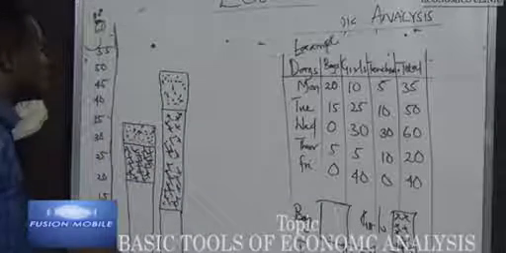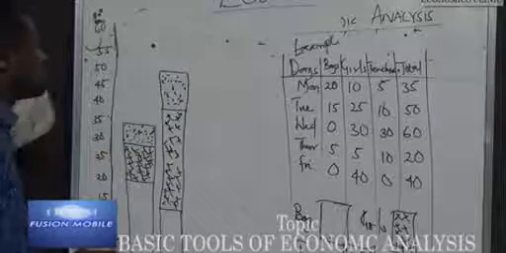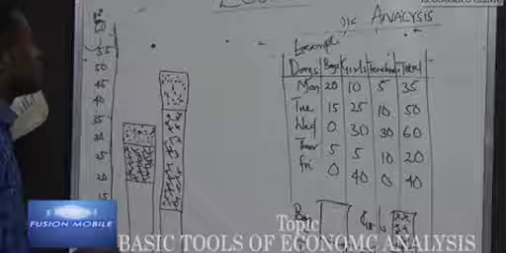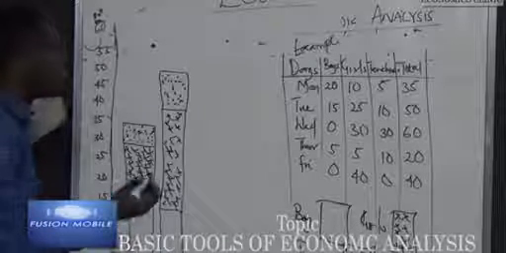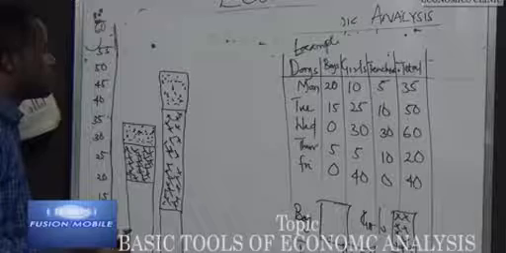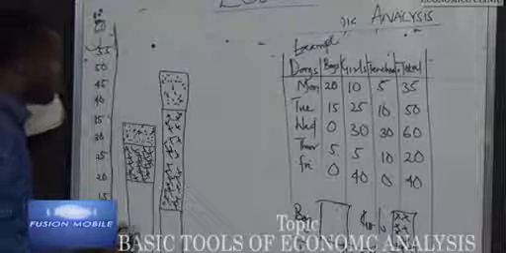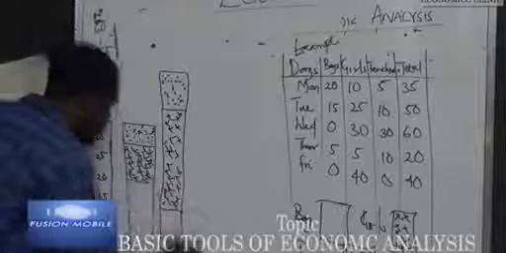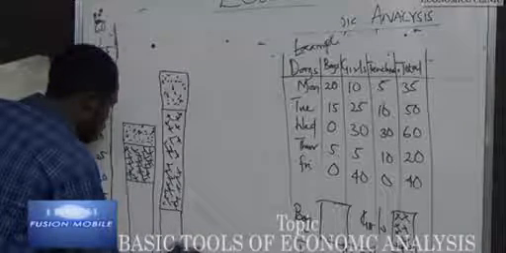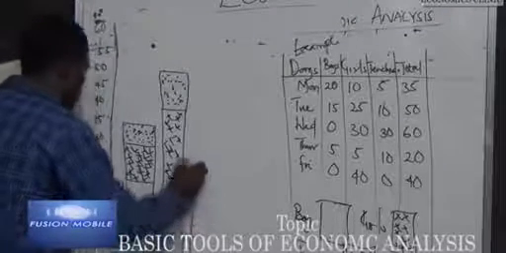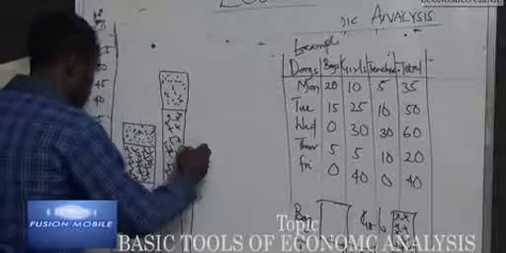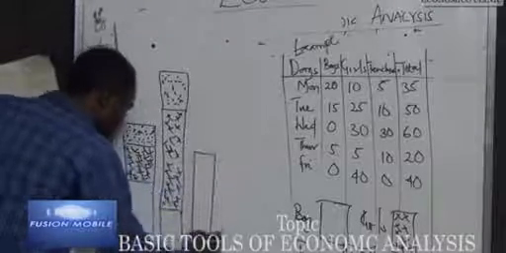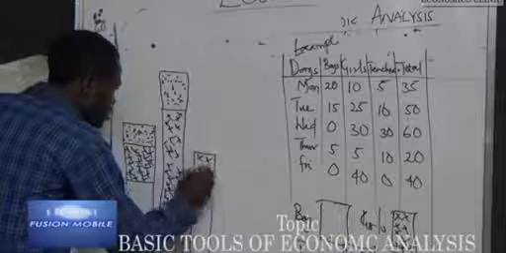Next one is on Wednesday. On Wednesday we have 0 boys. We have 30 girls. Since there is no value for boys on Wednesday, we only draw for the girls, which are 30. So we draw this up to 30.